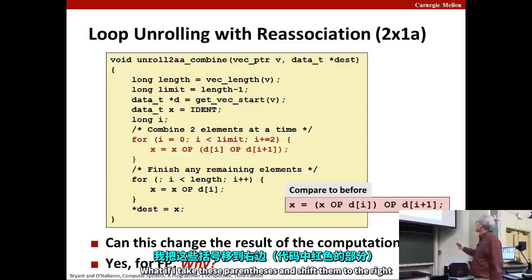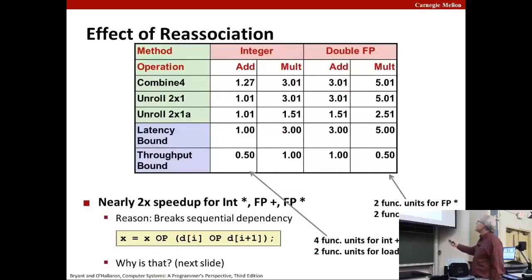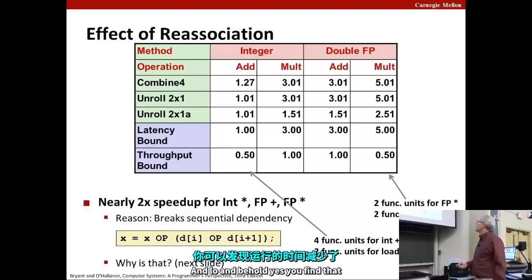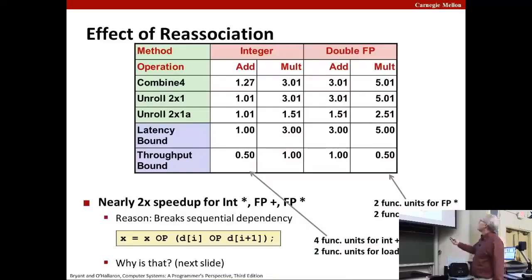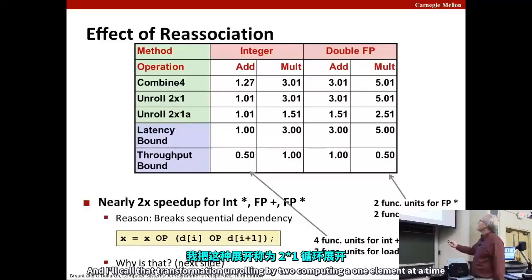But this shows me a way I could make a very small change and change performance fairly dramatically. What if I take these parentheses and shift them to the right? Would that make any difference? And lo and behold, yes it does. I'll call that transformation unrolling by 2, computing one element at a time.